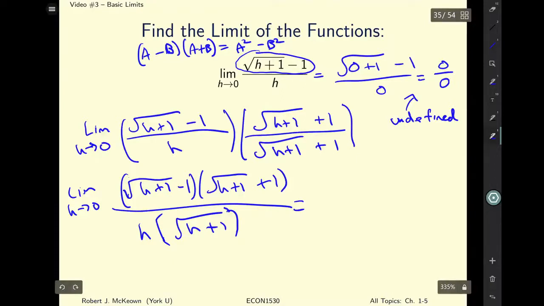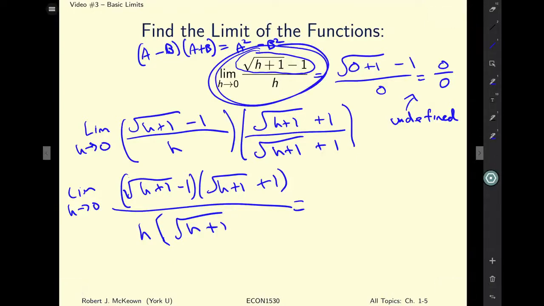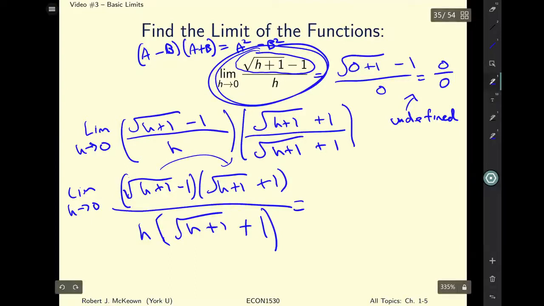And the numerator is going to become, well, the square root of h plus 1 squared. That's just h plus 1, minus 1, divided by h times the square root of h plus 1, plus 1.